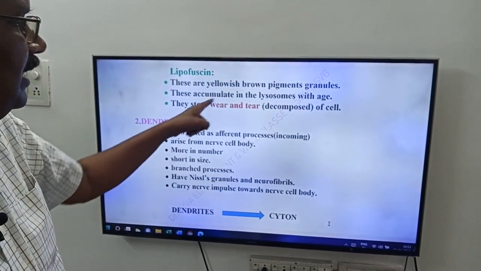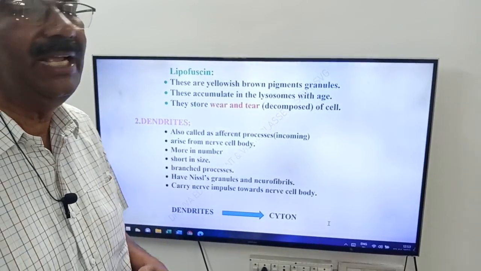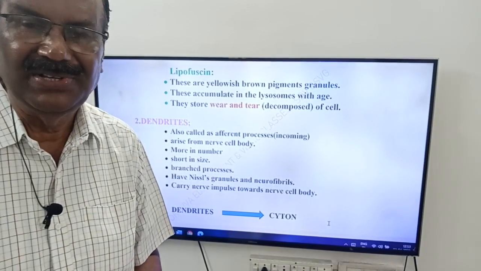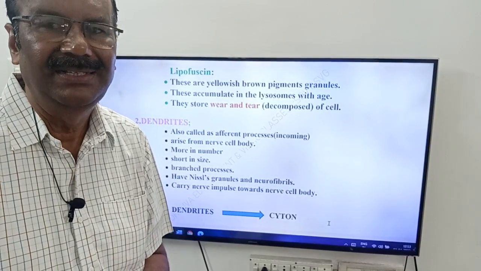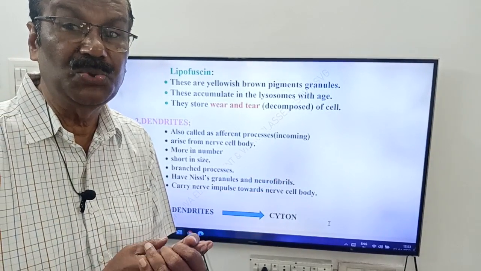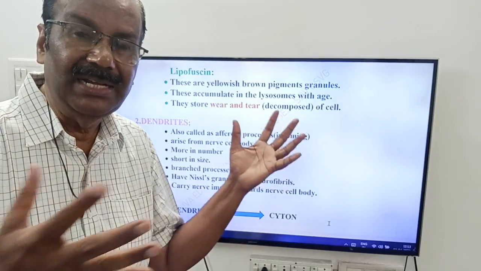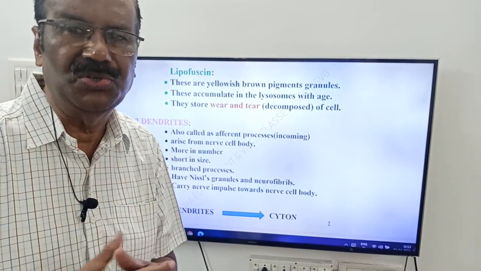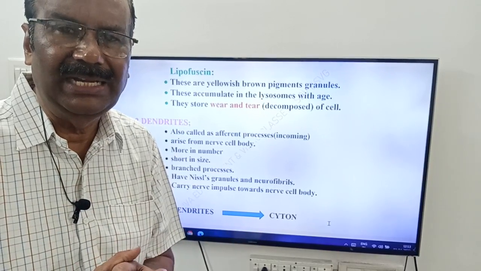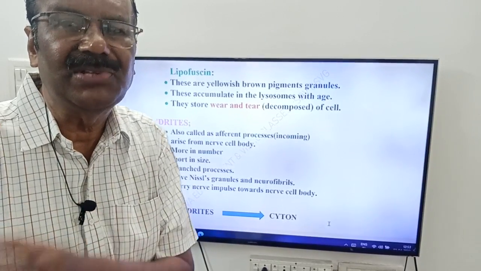What are these, friends? These accumulate in the lysosomes with age. You know, friends, lysosomes are accumulated in the cell. You know what are lysosomes? They are the suicidal bags. But here the nerve cell has no division. So the tertiary lysosomes collect the waste materials and accumulate in the cell.